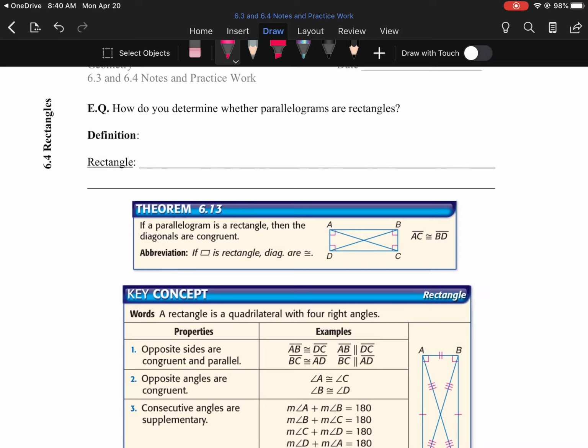Lesson 6.4 is all about rectangles. So every fact we're going to learn today is all about rectangles. So first, the definition. A rectangle is a quadrilateral, so it has 4 sides with 4 right angles.